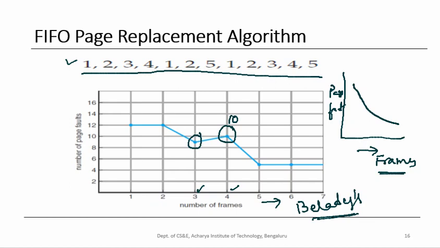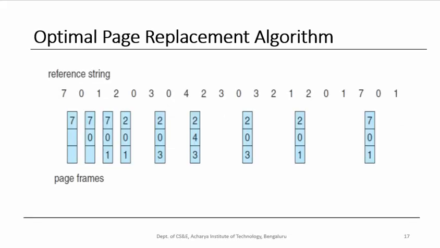Now let's look at the optimal page replacement algorithm and see how it functions. We have seen that the FIFO algorithm suffers from Belady's anomaly. That is, when you increase the number of frames, the number of page faults would also increase. That is not supposed to happen.